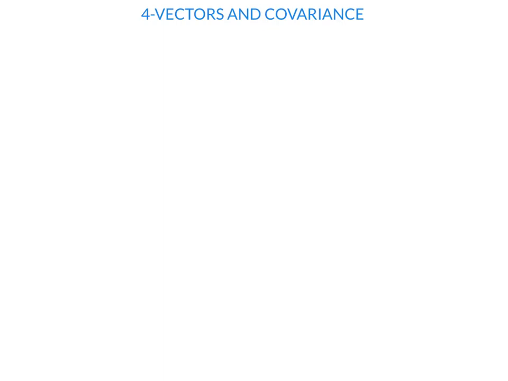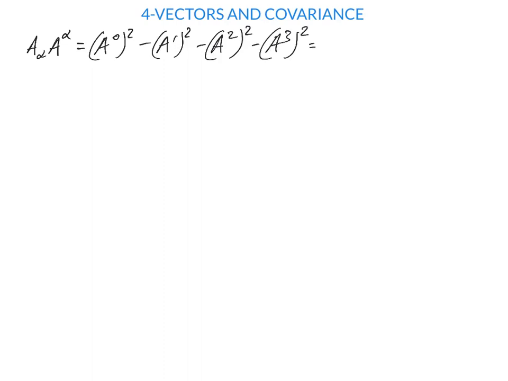Now, because the transformation preserves the invariant, and the invariant is formed from the components of ct, x, y, and z, in the same way as A is formed from the components of a0, a1, a2, a3, then obviously the contraction defined like this is an invariant, or we can call it a scalar.